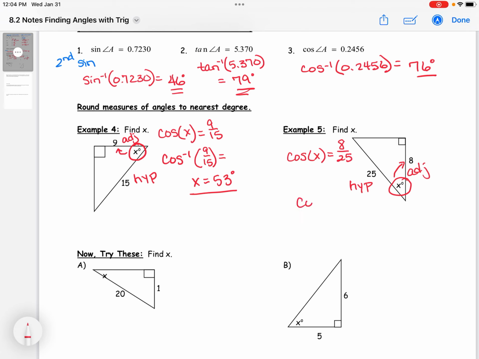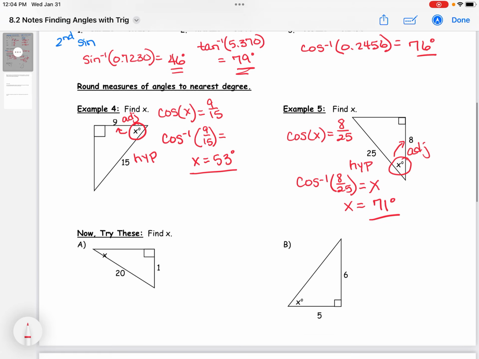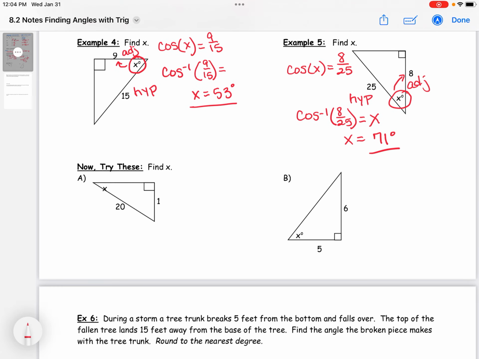So x equals second cosine 8 divided by 25, and that equals 71 degrees. Same steps as before, except now we're using second cosine, second sine, second tangent.